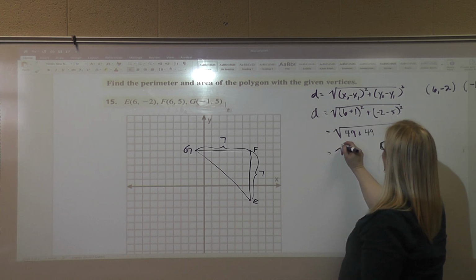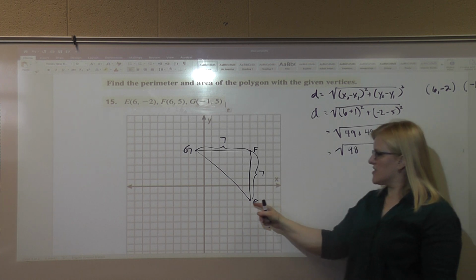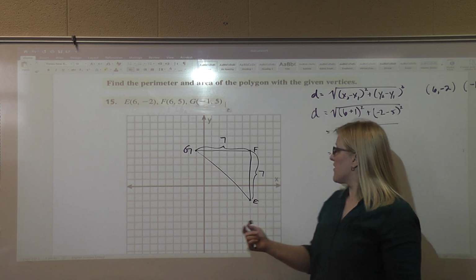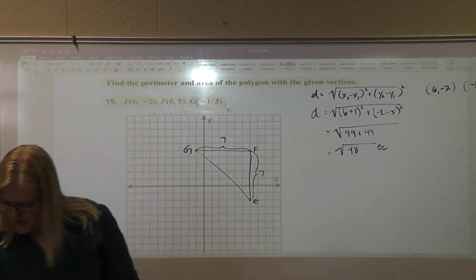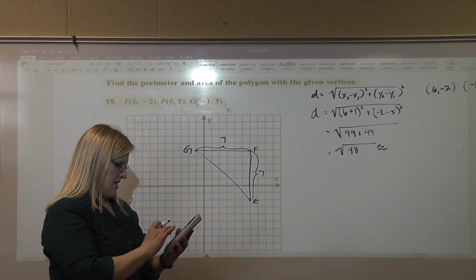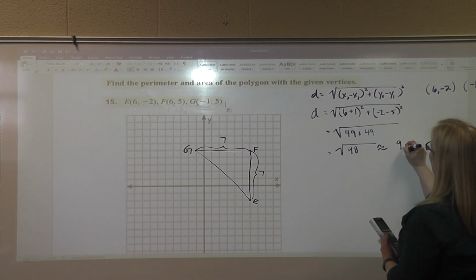So I have the square root of 98. So that is my distance right here. So if I add these together, I'm going to go ahead and make this into a decimal. So the square root of 98 is about 9.9.